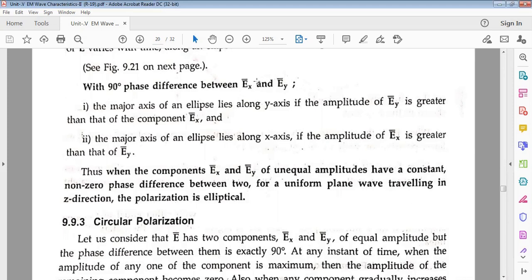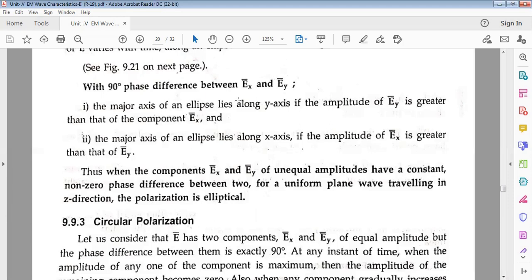Linear polarization has components in phase, with equal or unequal amplitudes, and the polarization is linear. Elliptical polarization means the components EX and EY of unequal amplitudes have a constant non-zero phase difference, meaning it is not in phase. Let the difference be 90 degrees here. For a uniform plane wave traveling in the z direction, the polarization is elliptical polarization.